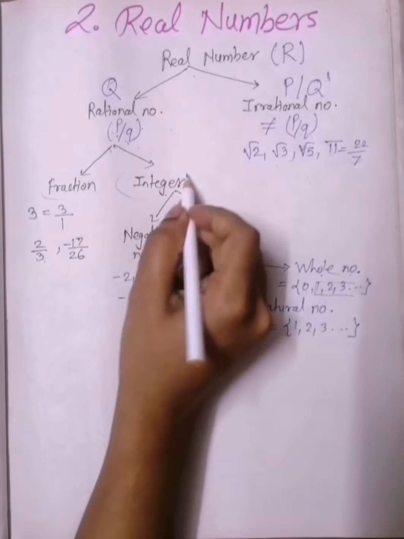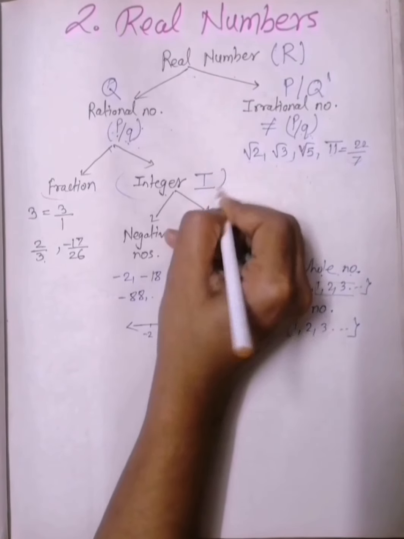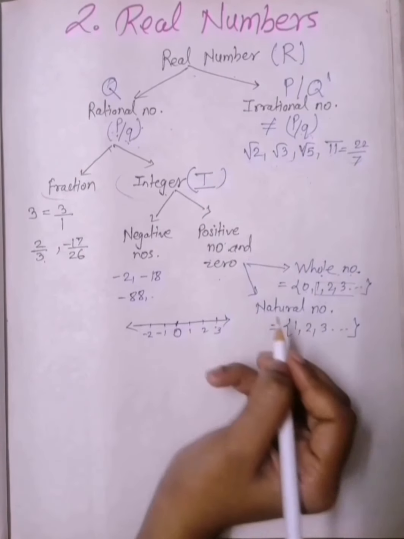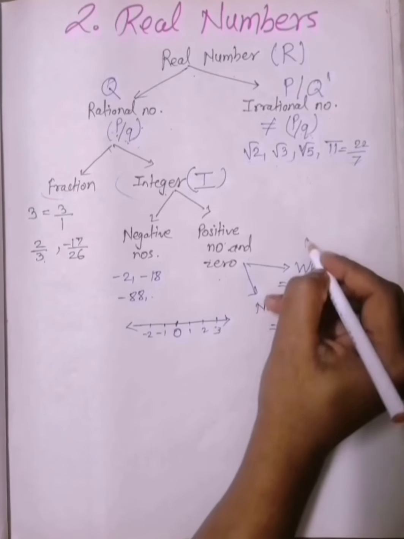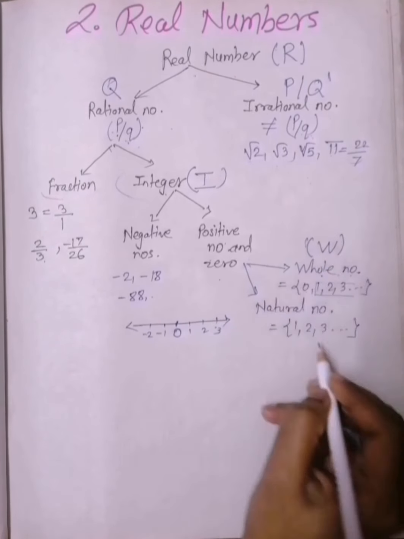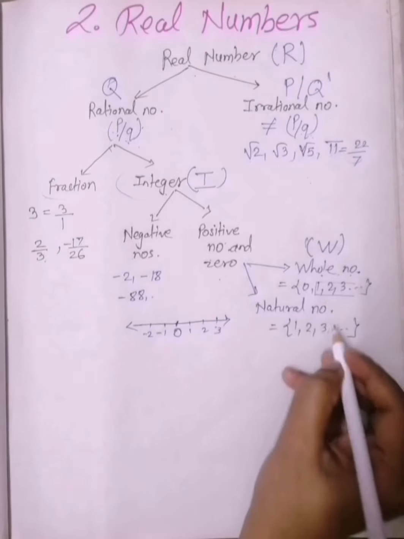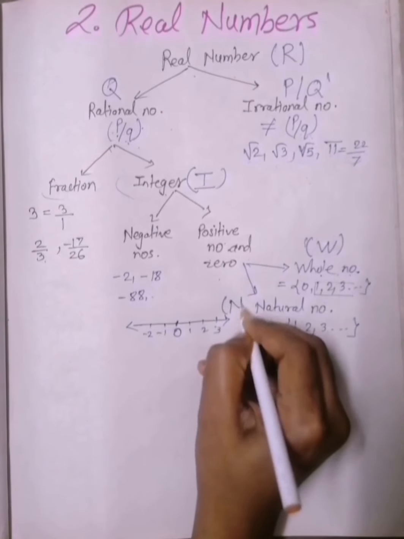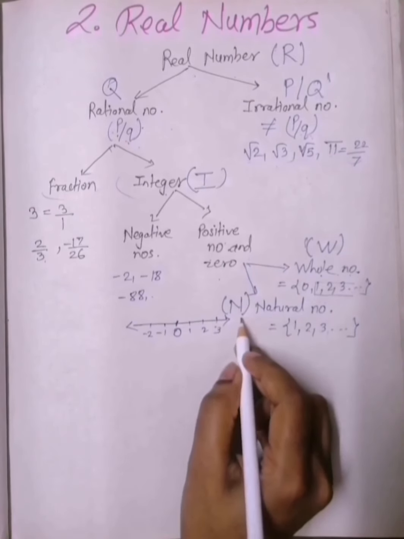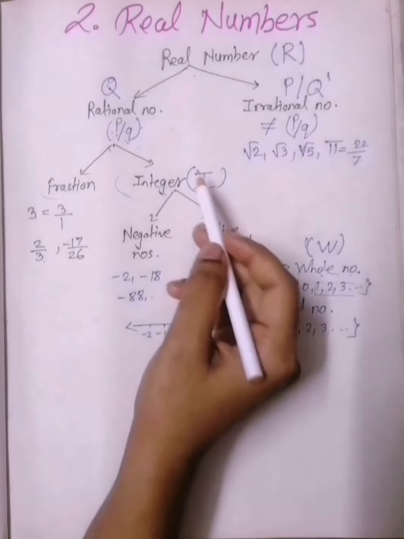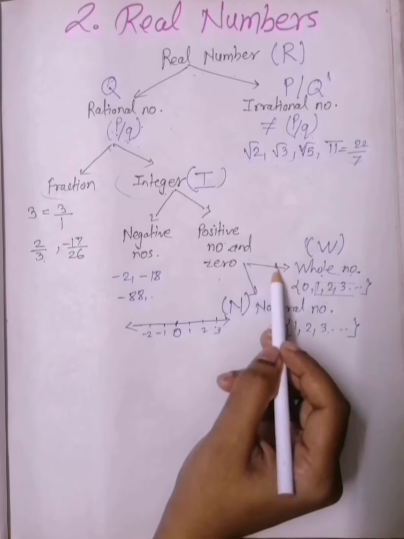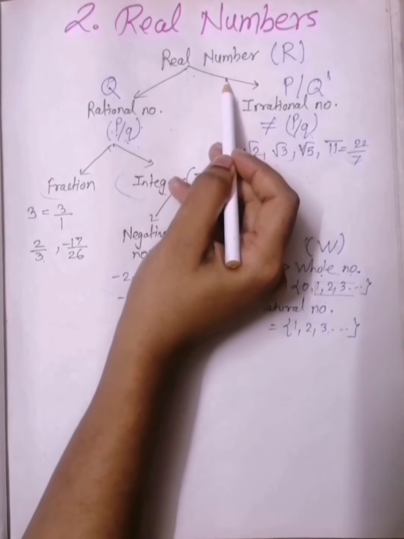Now integer is denoted with capital I. Whole number is denoted with capital W, and natural number is denoted with capital N. Clear? In this way we have categories of various numbers included in real number.